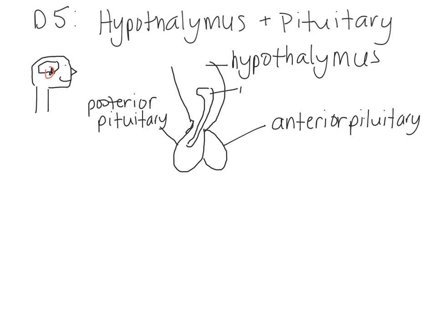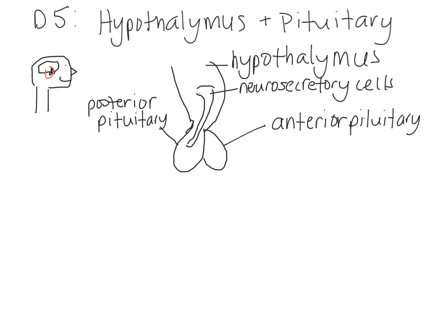So I'll go ahead and label those. Neurosecretory cells. Now, these neuron cells actually produce the hormones up here, in the cell body part of those neurons.